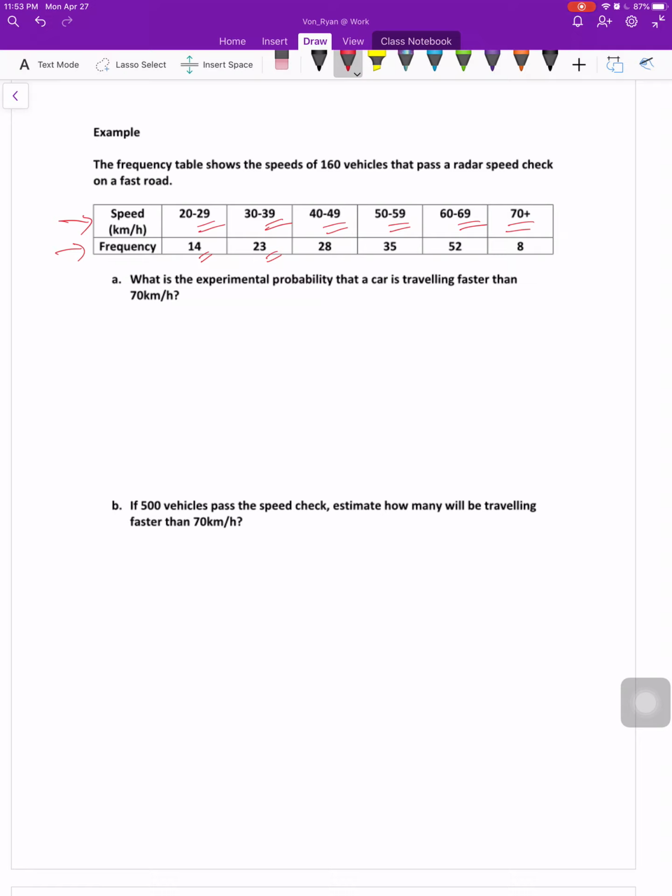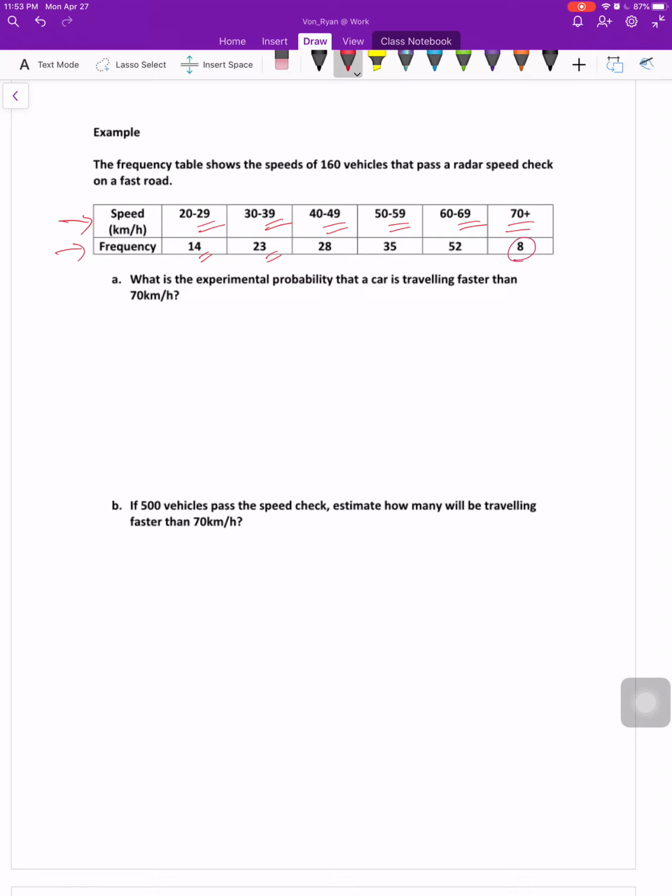What is the experimental probability that a car is traveling faster than 70 kilometers per hour? We look at how many times we measured a car traveling at 70 plus, and we see on the table that it's 8.